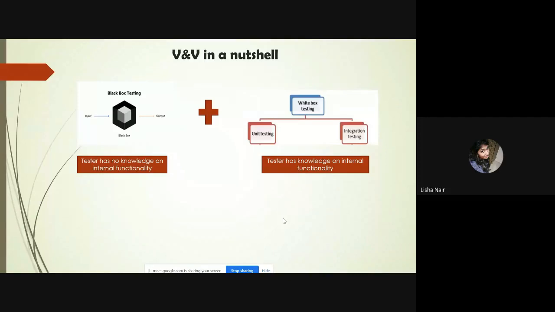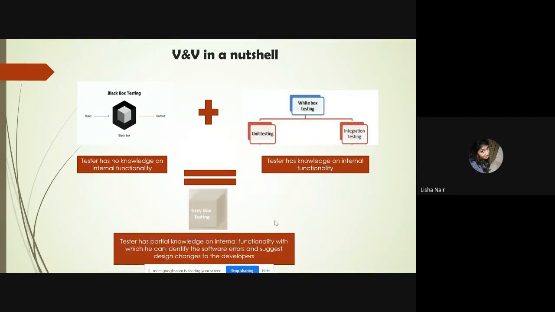But when it comes to black box testing, it's not necessary that he knows the internal functionality, he just has to know the system. If the system is behaving the way it is expected or defined in the specification, he qualifies it and says the testing was successful.